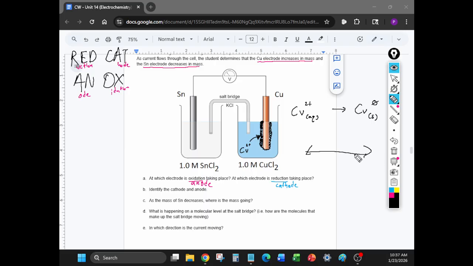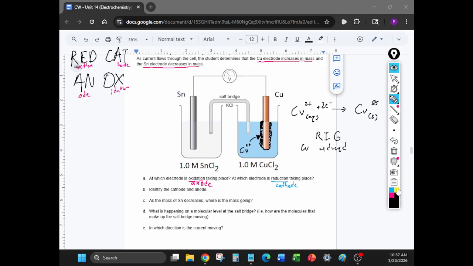Because if you have a number scale, 0 and positive 2, if you're going from positive 2 to 0, you're becoming more negative. If you are becoming more negative, that means you are gaining electrons. So here, you are gaining electrons. And if you remember OIL RIG, if you gain electrons, reduction is gain. So copper is being reduced. Okay, that's the information that we can get out of this.